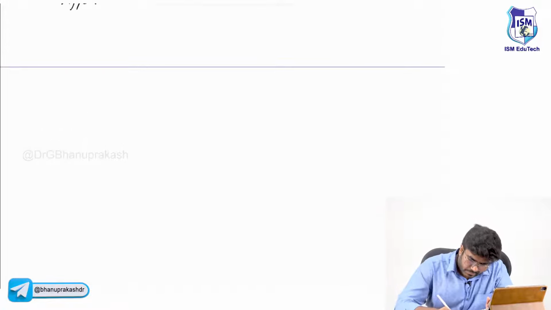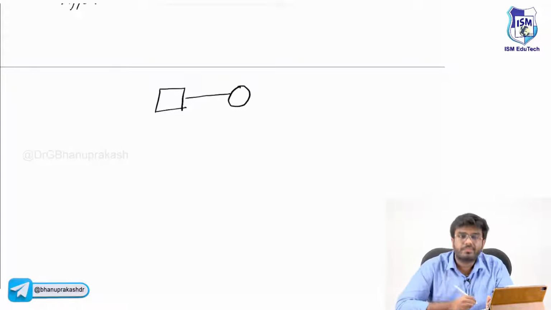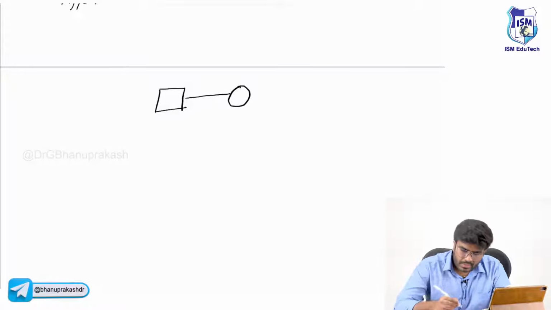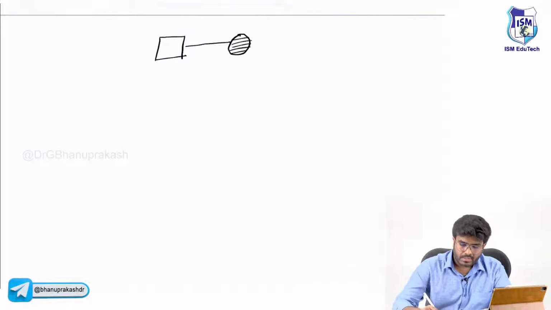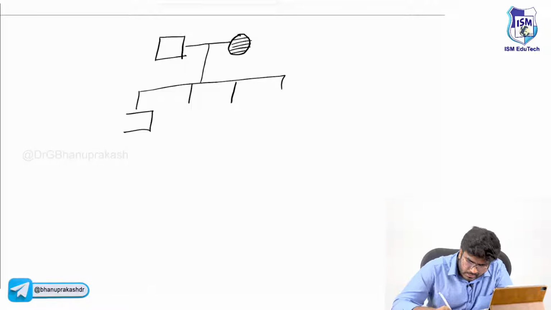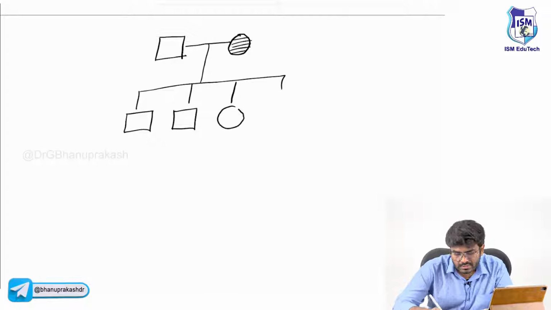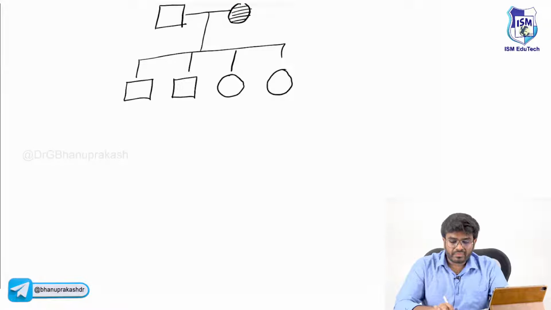Now, for example, let's take this as a father and mother. In the pedigree, here I am showing you the mother is affected. Now, if this couple has four children, two sons and two daughters, how many of them will be affected?